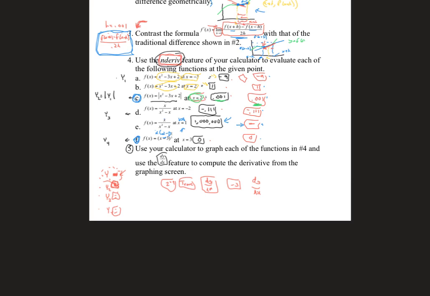Where we get into trouble is on this problem, these places where our parabola crosses the x-axis, when we throw that into an absolute value, that's going to reflect that negative piece up, and it's going to create corner points there.